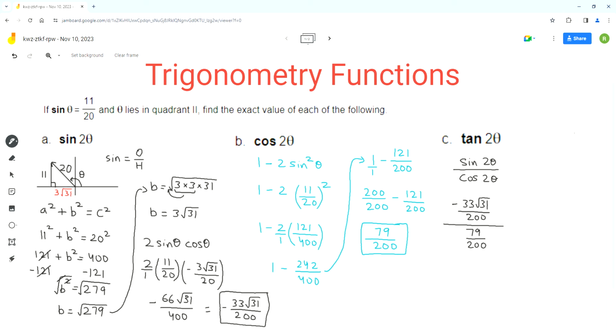Now this is a fraction over a fraction. So the first step here is to write it as a division statement because that will make it easy to simplify this expression. Divided by, so 79 over 200. Now we can change it into a multiplication statement by flipping the second fraction.